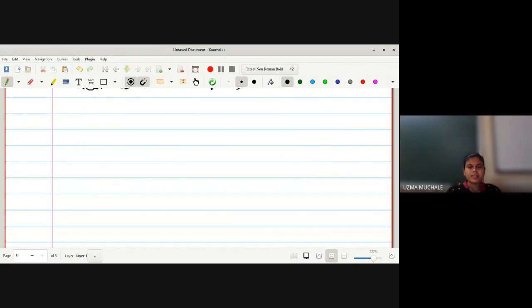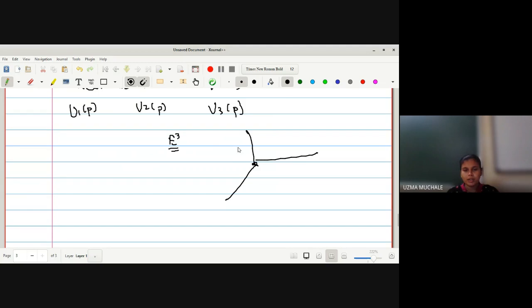Now let us see one theorem related to these vector fields which we have seen just now. The spatial vector fields we have studied are U1 at p, U2 at a point p and U3 at a point p. As I told you initially in the classical mechanics lecture, it is very important for us to have a Euclidean space, because at every point I can find a Euclidean space.